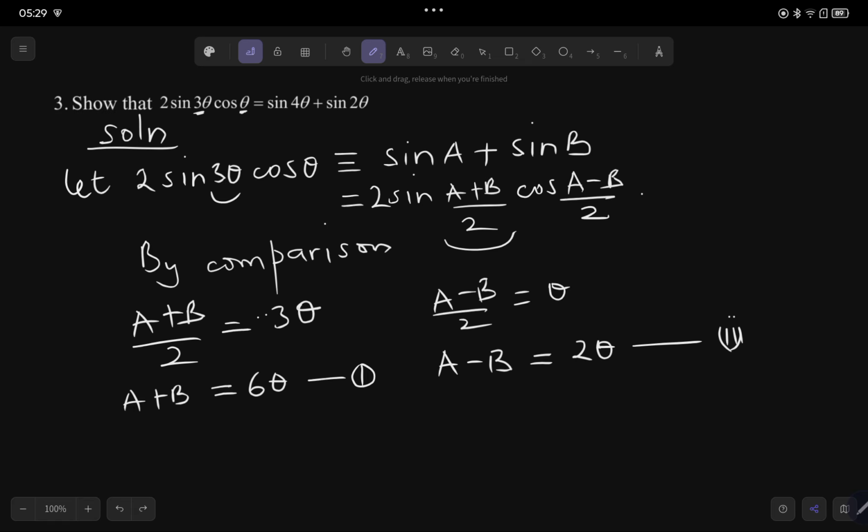So equation 1 plus equation 2, we shall have 2A is equal to 8 theta, which means A is 4 theta.